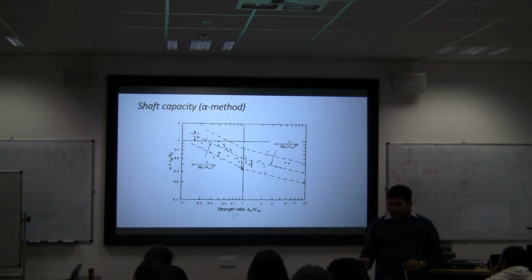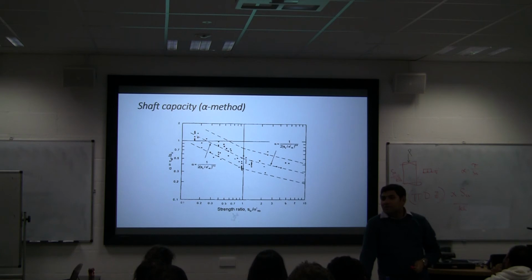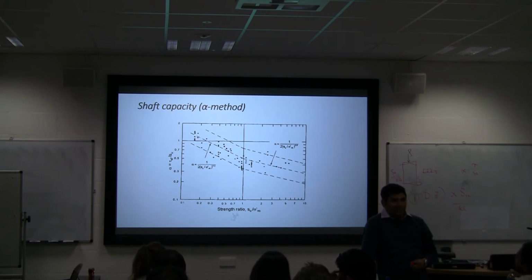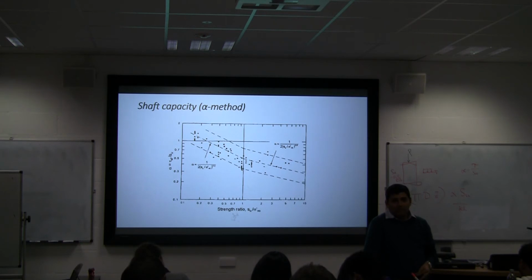With the graph, at least you know roughly. So the equation is good if you are doing it in Excel. The graph is good if you're doing an exam paper. Thank you. Okay?